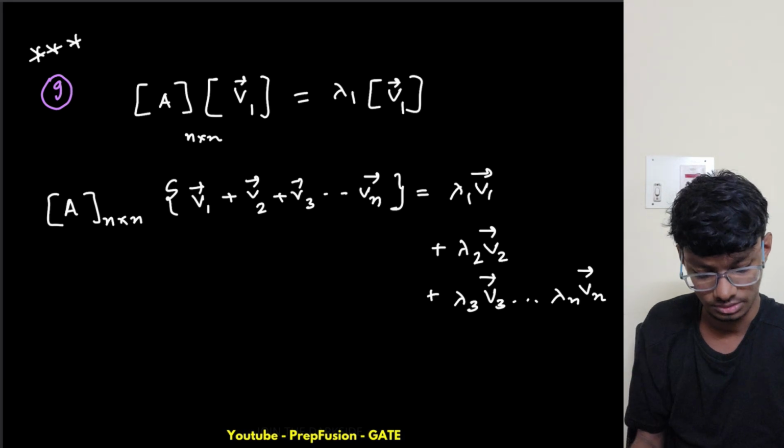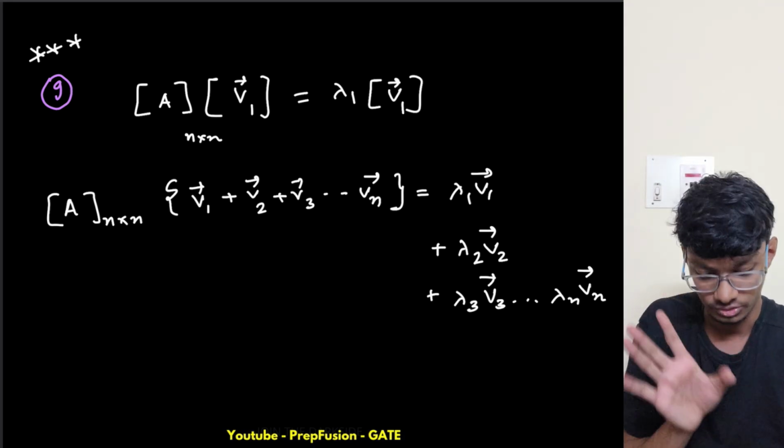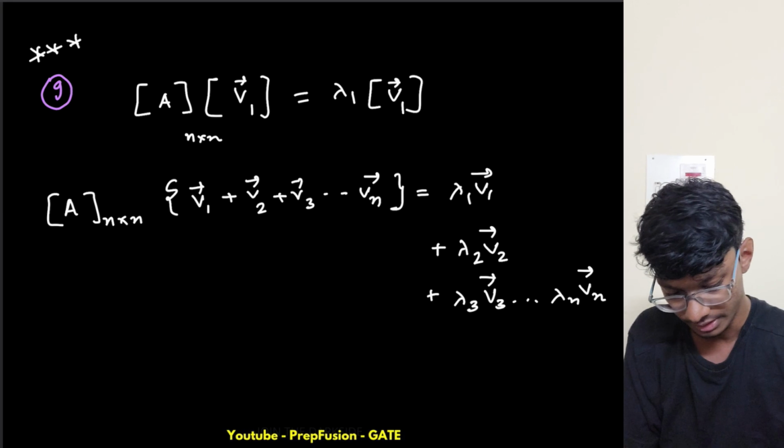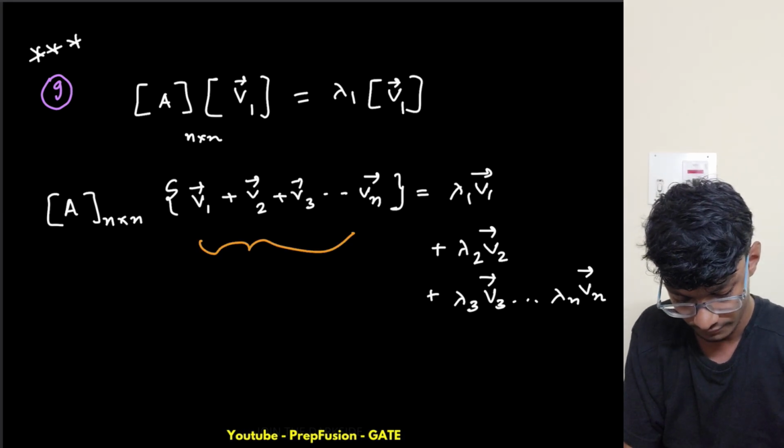So this is only valid for n linearly independent eigenvectors.